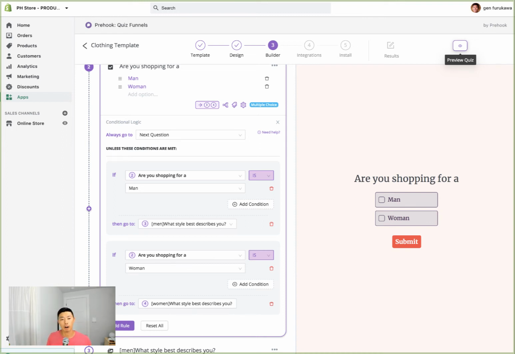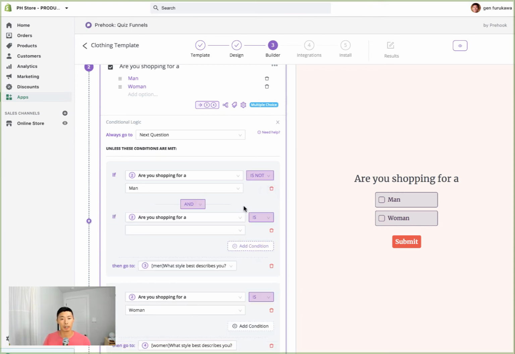Now you can get far more complicated and intricate here in terms of including is or is not. So if you're not a man, then you can take them to other questions, and that's very good as well. And you can also do or.